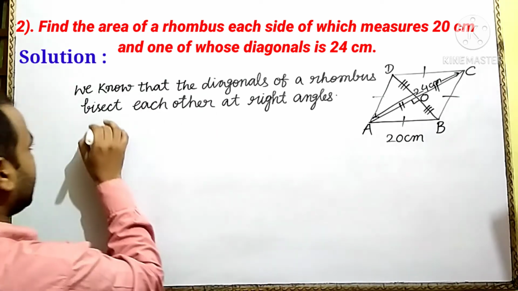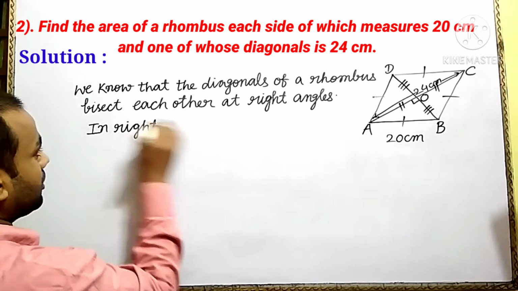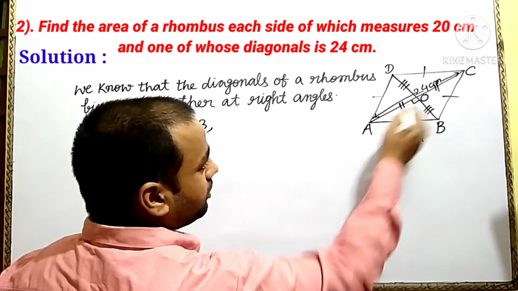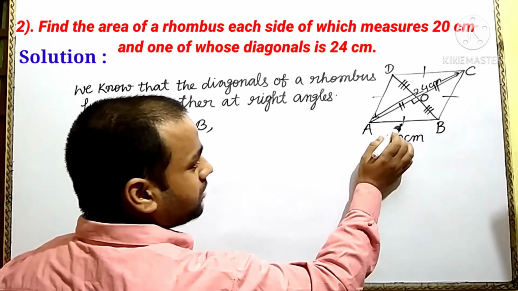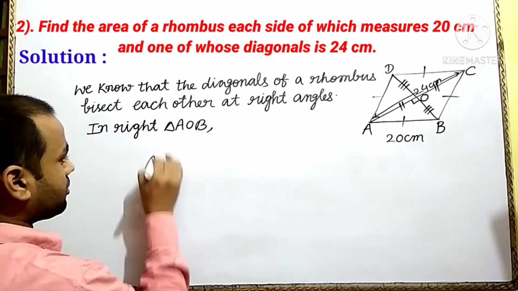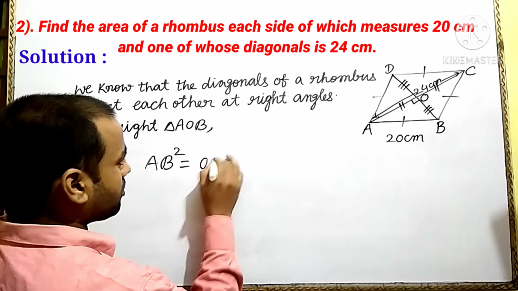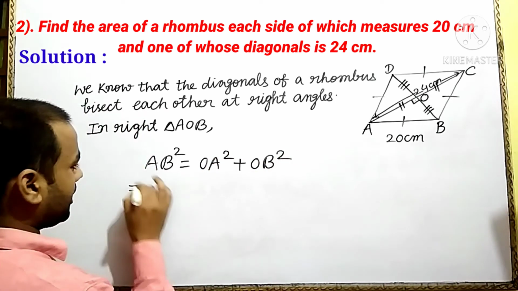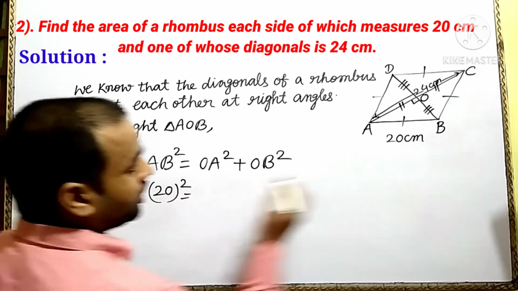So here we take right triangle AOB. In right triangle OAB, by Pythagoras theorem, the square of hypotenuse, here the hypotenuse is AB opposite the 90 degree, is equal to base square plus perpendicular square, means OA square plus OB square. Here AB given 20, so 20 square.